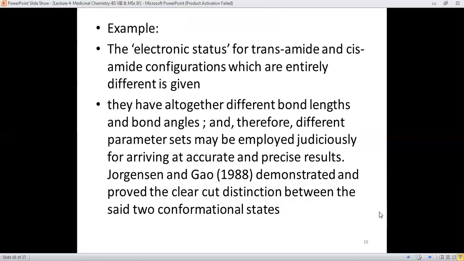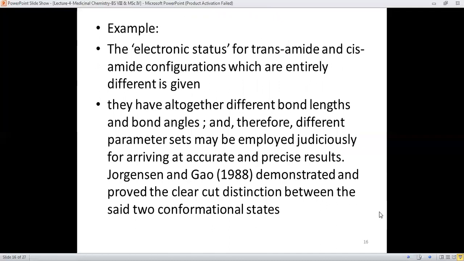The electronic status for the trans amide and the cis amide configuration, which are entirely different, is shown over here in the next slide. And they have altogether different bond lengths and bond angles due to the presence of similar or bulky groups on the same side of the double bond or on the opposite side of the double bond.